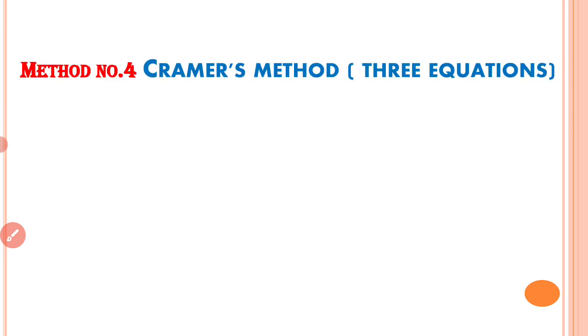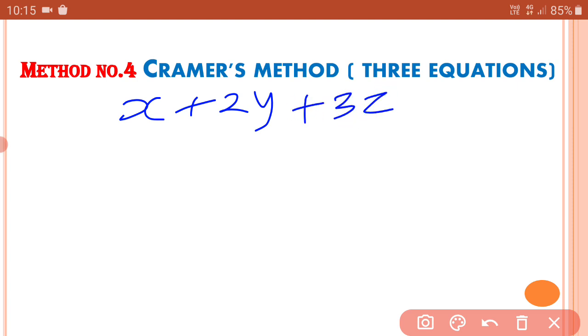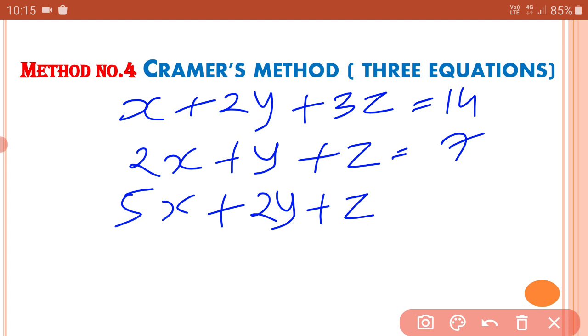In the question of 3 equations, the first equation is x plus 2y plus 3z is equal to 14. The second equation, 2x plus y plus z is equal to 7. And the third equation, 5x plus 2y plus z is equal to 12.